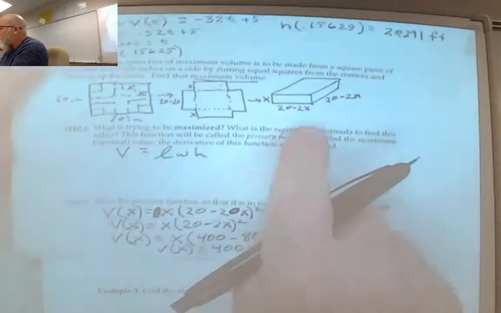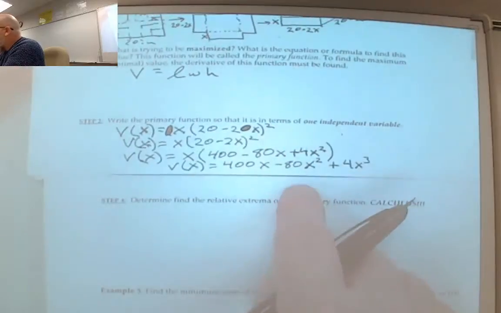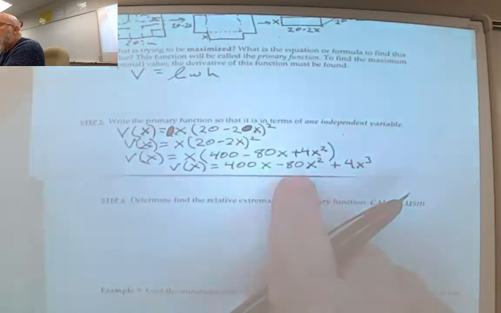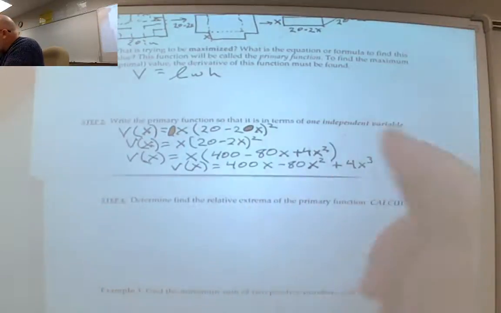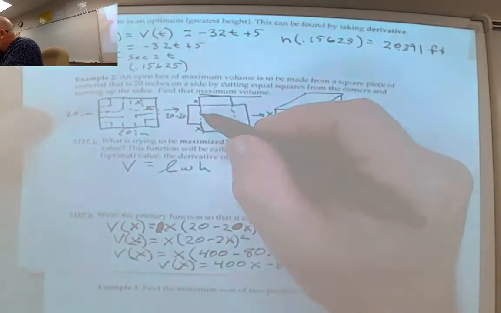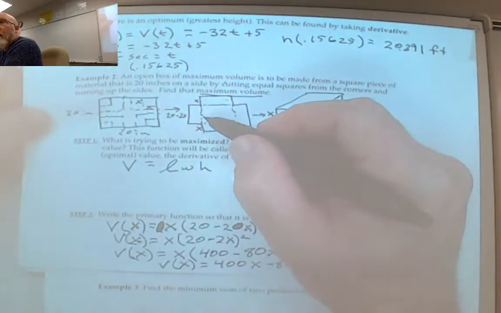Can I make it as big as I want? It has to be less than what? 10. How did you get 10 and not 20? Because you took 20 divided by 2, right? If this comes 10 this way, it would have to come 10 this way, correct?